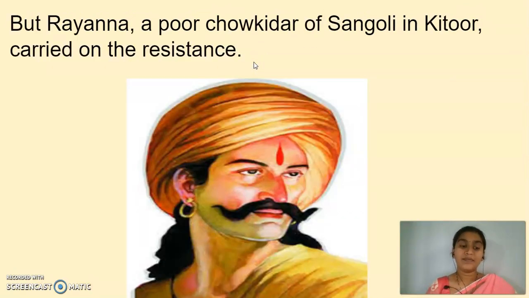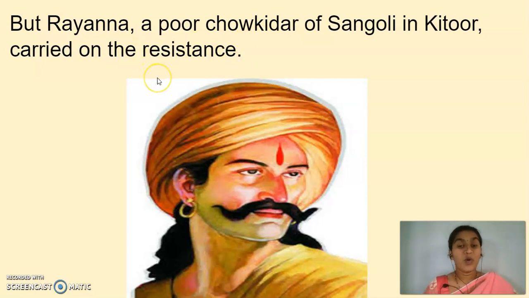Yes, children. See, but Rayanna, a poor Chaukidar of Sangoli in Kittur, carried on the resistance. So this person, Rayanna, is known as Sangoli Rayanna. Sangoli is a place where he was working as a Chaukidar. So he was an assistant to Channamma, and he continued the resistance which Channammaji was doing.